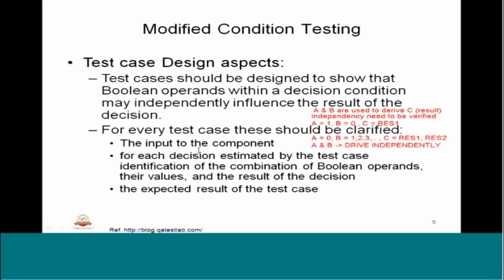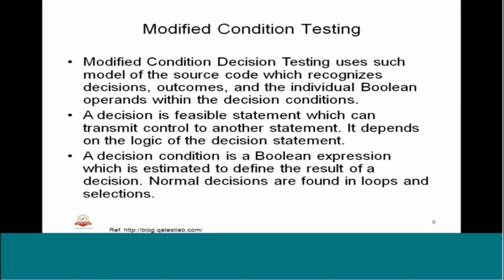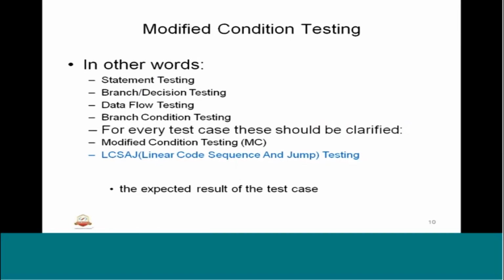Same as before, we need to have an input. What are the inputs that are going to drive? For each decision exercised by the test case, the identification of the combination of Boolean operands, their values and the result of the decision. The expected result of the test case also needs to be understood before we do the modified condition testing. So that is about modified condition testing.